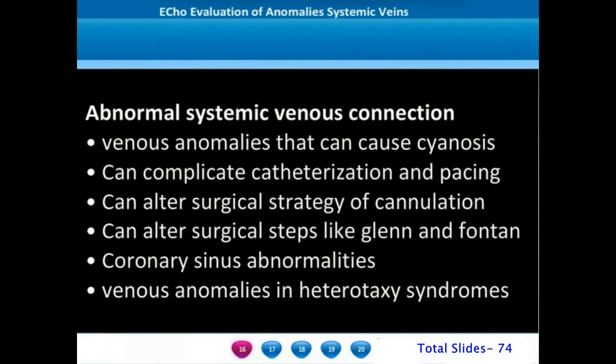Some venous anomalies can alter the surgical steps, like performance of a Glenn shunt or a Fontan surgery. Some of them may involve the coronary sinus. There are a lot of venous abnormalities that are commonly associated with heterotaxy syndromes. We will discuss all of them.